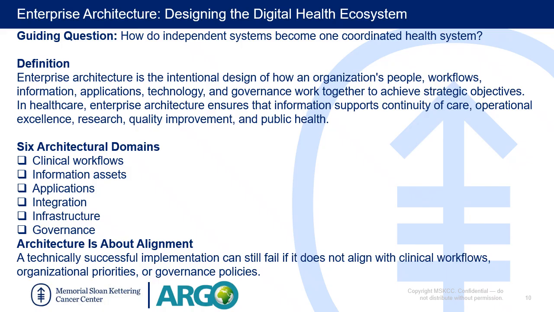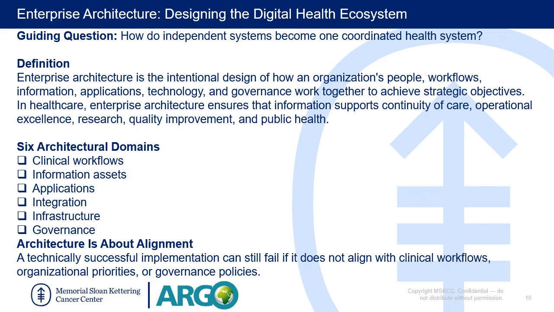So the enterprise architecture provides the blueprint for how an organization functions as a coordinated system rather than a collection of independent software in different departments. So in healthcare, it ensures that technology investments align with clinical care, operational process, and strategic priorities.